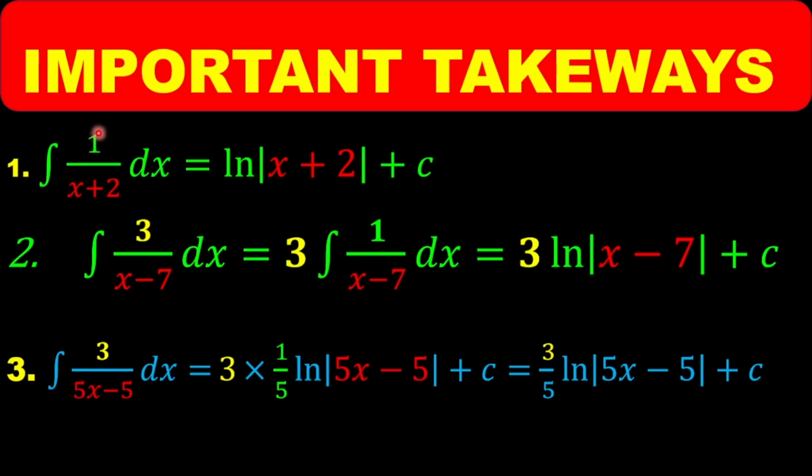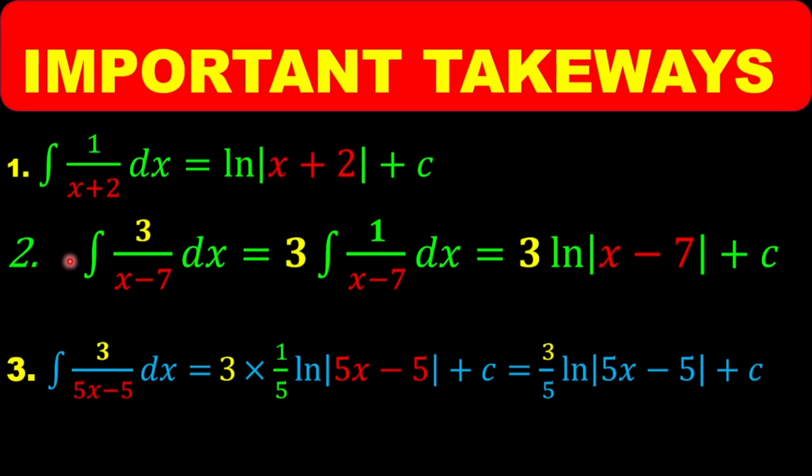That is, the top must be 1 and then the bottom must be some algebra. And so because I have 1 here and some algebra here, the standard integral is the natural log of the absolute value of the denominator you have, that is x plus 2, in the absolute value, plus c.